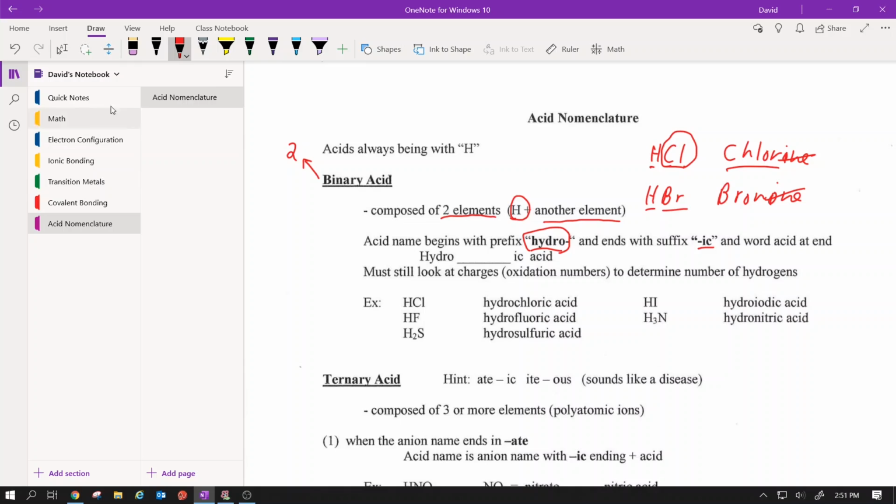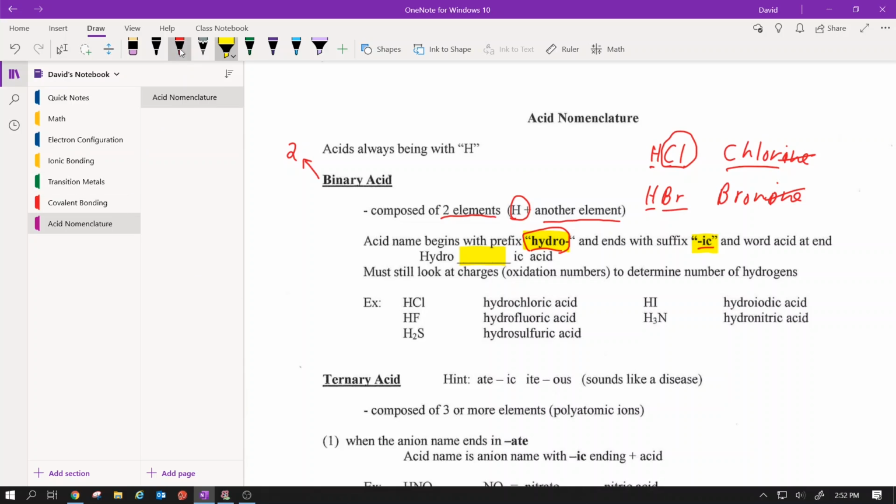All right? And so I'm just going to highlight a couple of things here. Hydro, and then ic. And then, of course, whatever the root from the other element is. And so that is how we will do that.